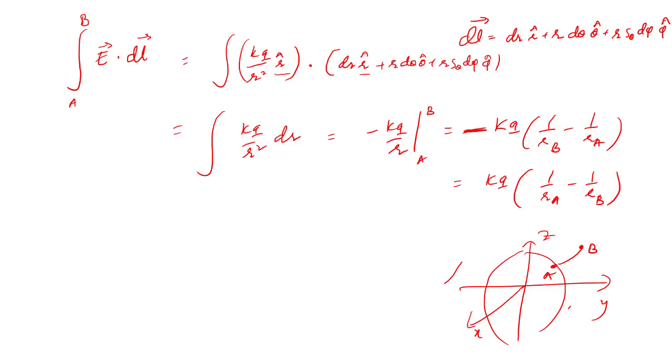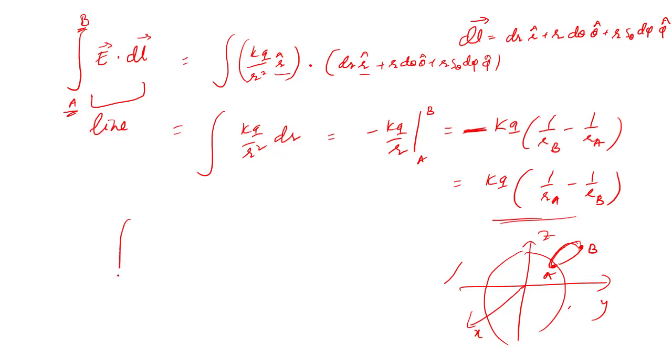So instead of taking the line integral, what if you take it as a loop? So for example, let's say it's going from A to B and then going back to A. Then you can see that from B to A it's exactly opposite of this.